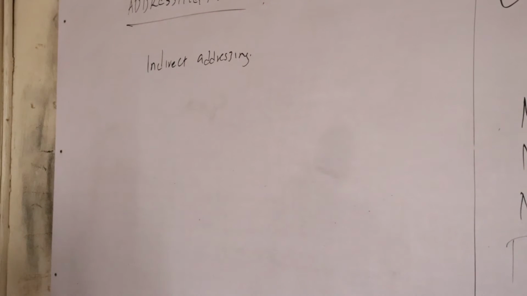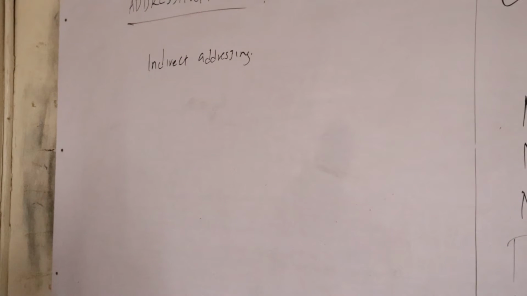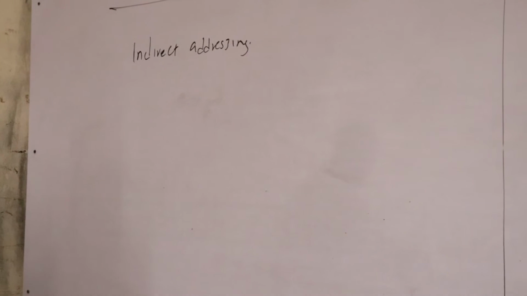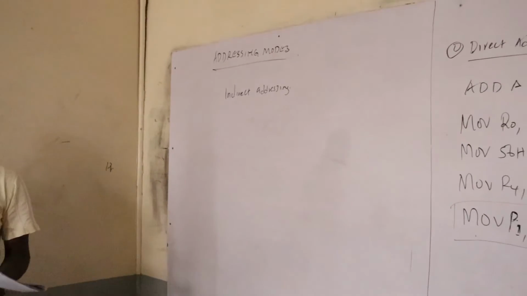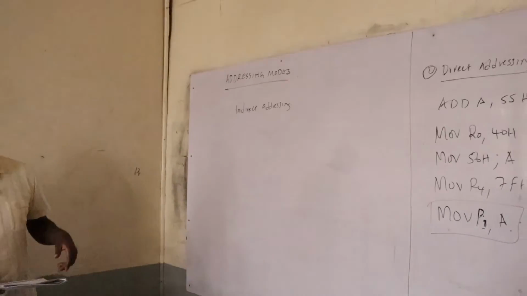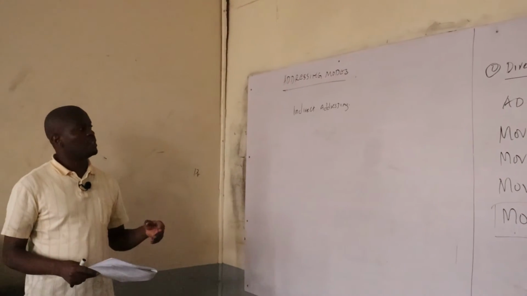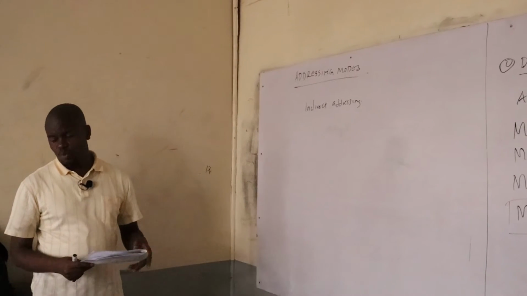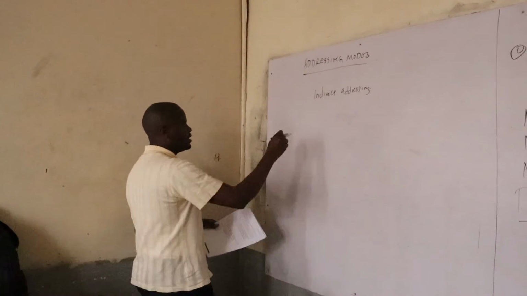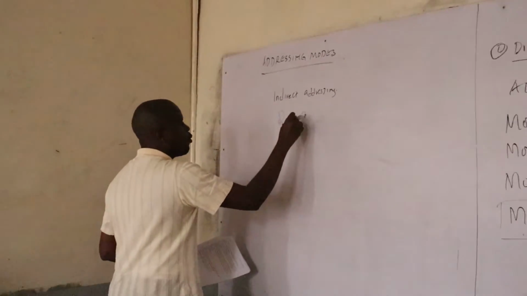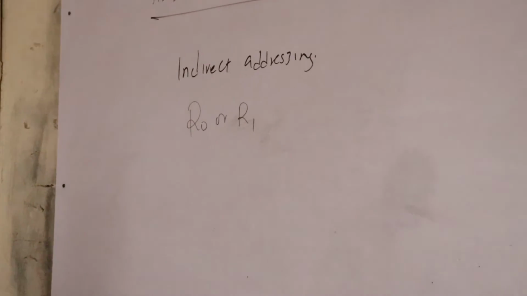This method can be used to identify a variable and also its address, and it's always determined or modified when the program is running. So in this case, the 8051 usually uses two registers, that is register R0 or R1, for that particular purpose.